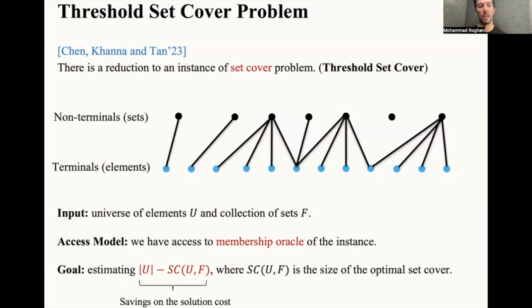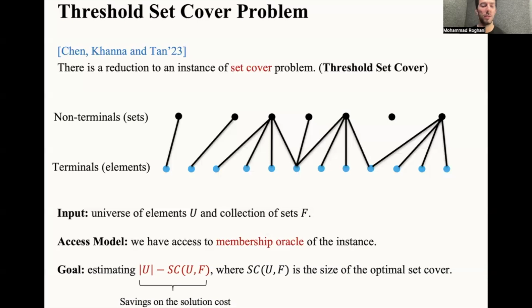If this value is large, it means that we can save on the solution cost of the Steiner tree problem, which means that, for example, you can use one non-terminal to connect all those terminals and decrease the cost of the Steiner tree by a lot.